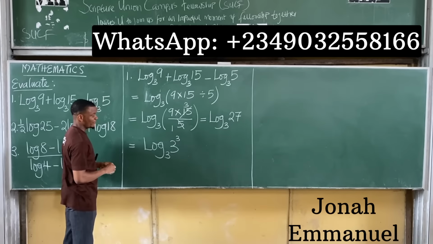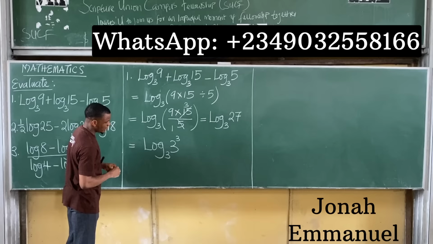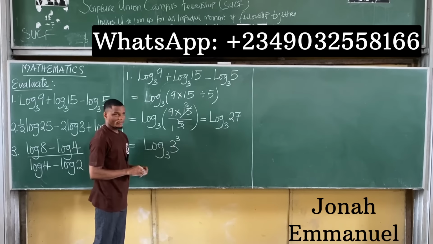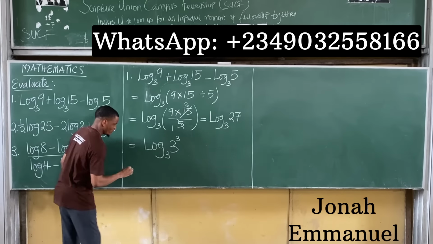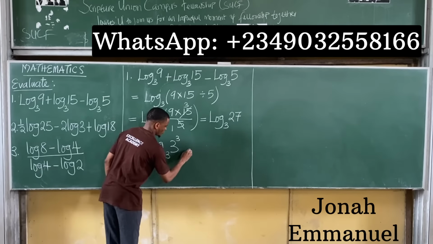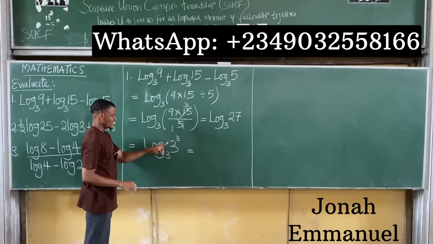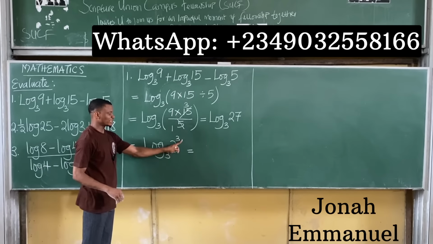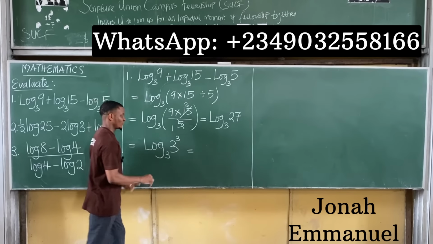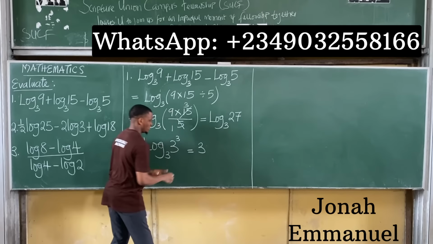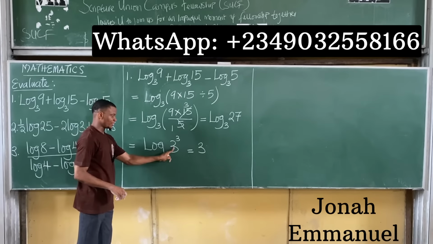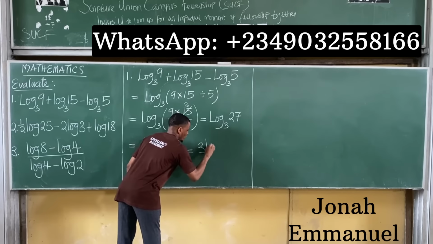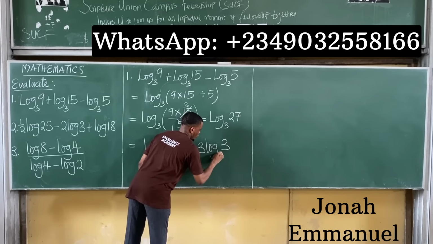From here, if I now bring up the power law of logarithm, we said if I take the log of a number to a certain power, the power comes down. So this 3 comes down here, and it becomes 3 into log 3 to base 3.